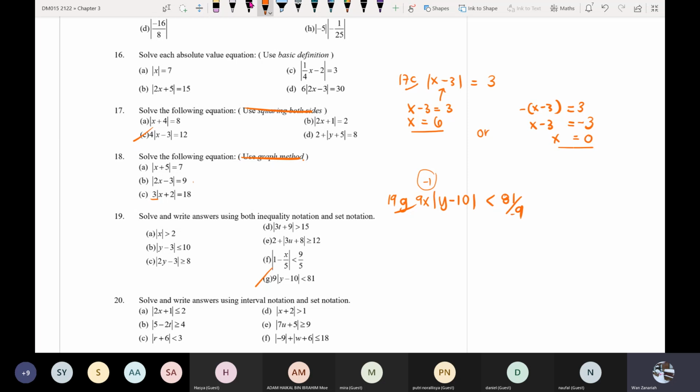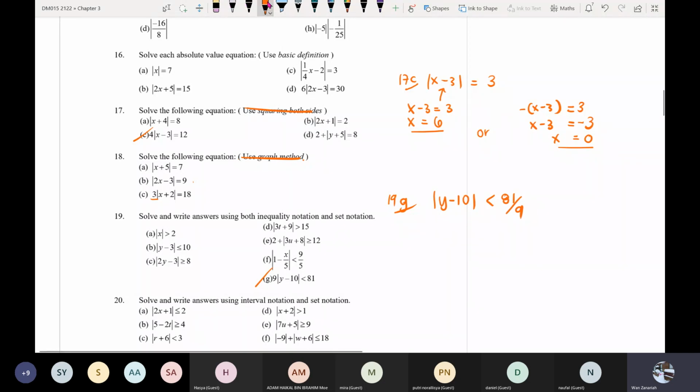Kalau negative 9 kena change sign. But then when you are really sure that it is a constant, like in our case, 9, 3, 4, you boleh terus bawa dia. So this is y minus 10 less than 81 over 9 lah.